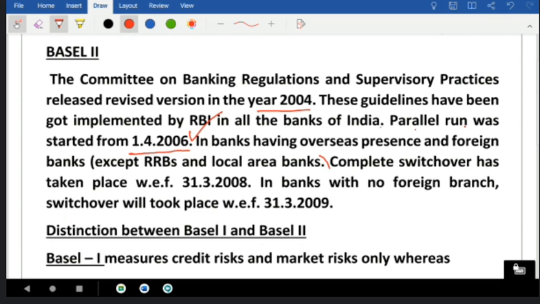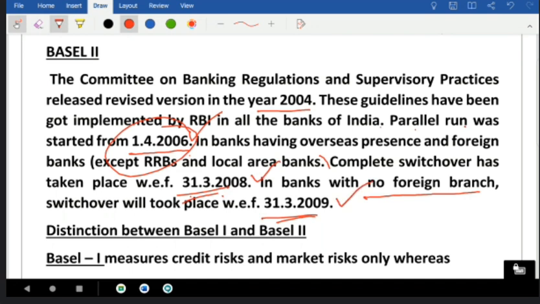Complete switchover was done on 31st March 2008. In banks with no foreign branch, switchover took place after 1 year, on 31st March 2009.